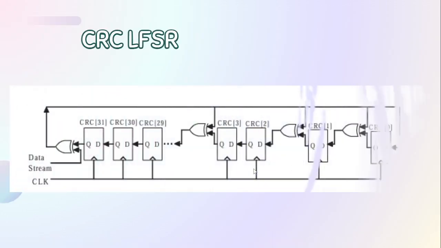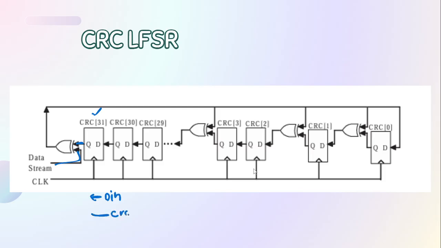Okay. Now, for the CRC theory, the CRC is seen as an LFSR. So when the data bits come in, right, the data bit is XORed with the CRC state bit 31. And so remember, the two critical items are DIN and CRC bit 31, right?